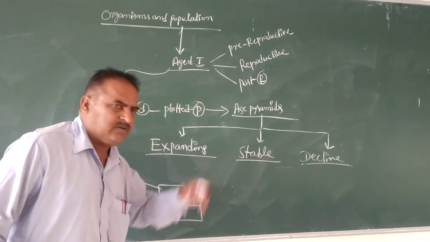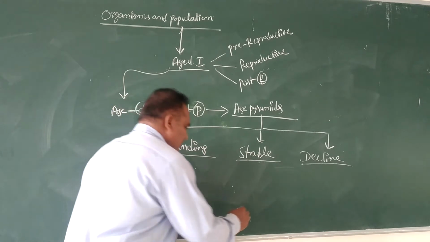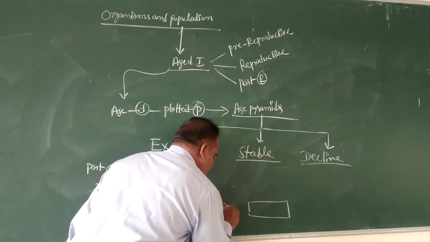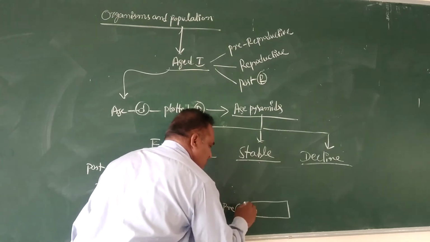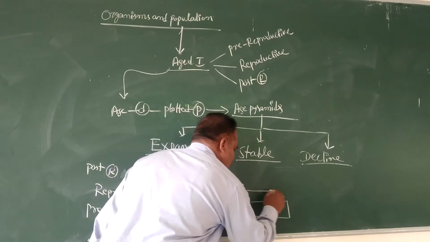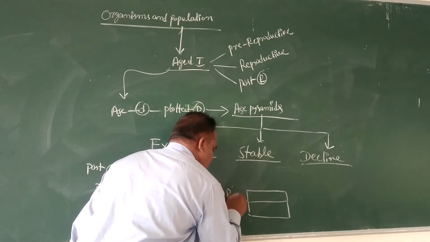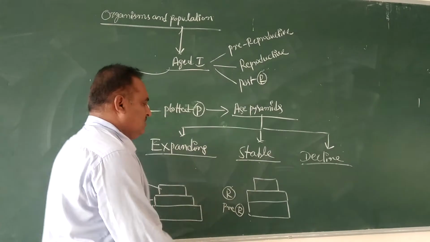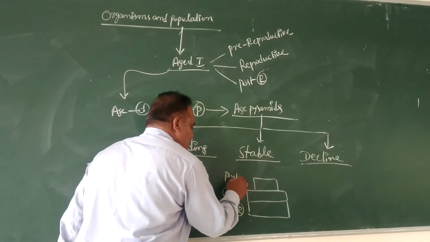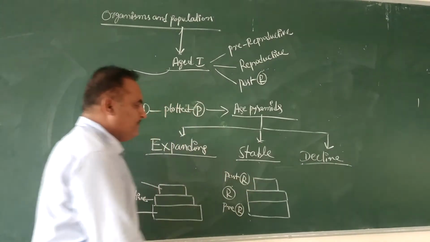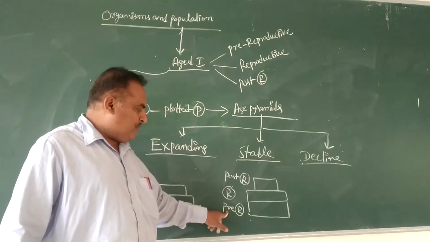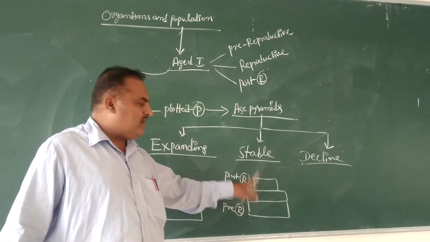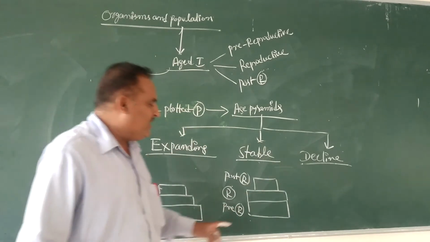Particularly in the stable pyramid, the first level shows pre-reproductive aged individuals, the second level shows reproductive aged individuals, and the third level shows post-reproductive aged individuals. In this pyramid, the pre-reproductive and reproductive aged individuals are similar, the same in number.